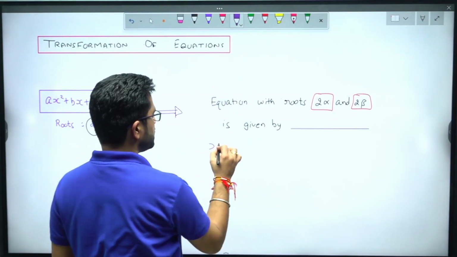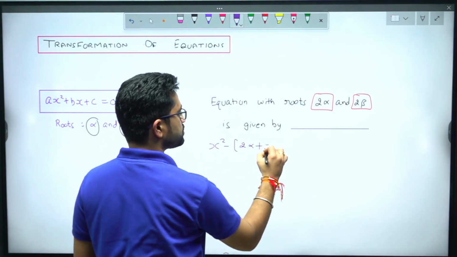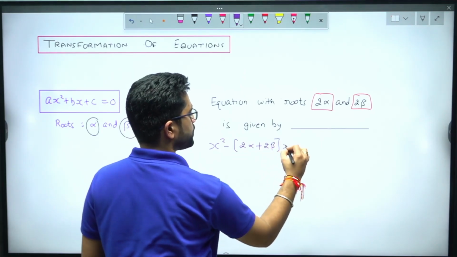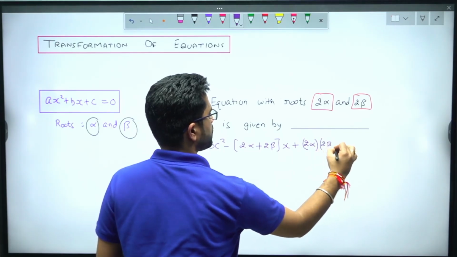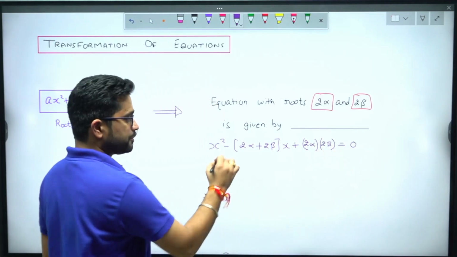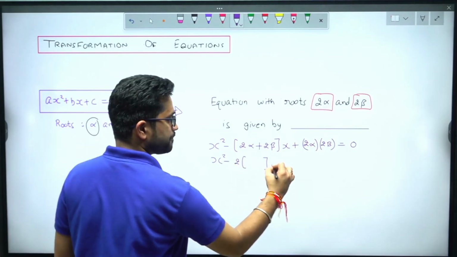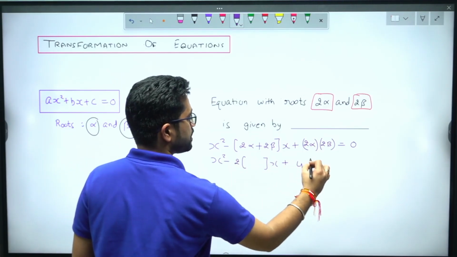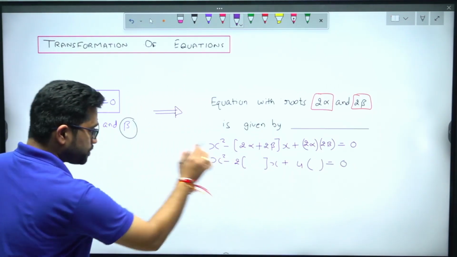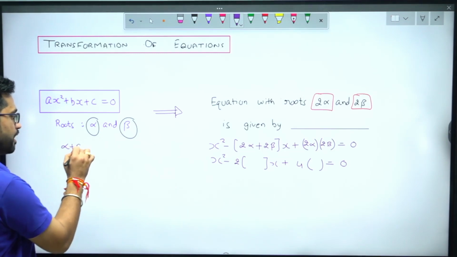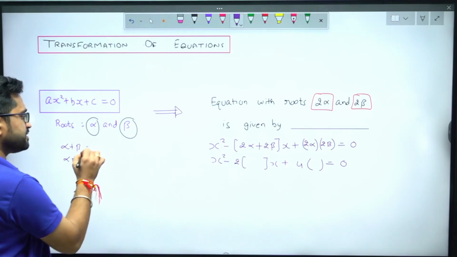Yes, that is very easy. You will say x square minus sum of the desired roots into x plus product of roots. Observe, x square minus 2 times alpha plus beta, and plus 4 times alpha into beta. But what is alpha plus beta?